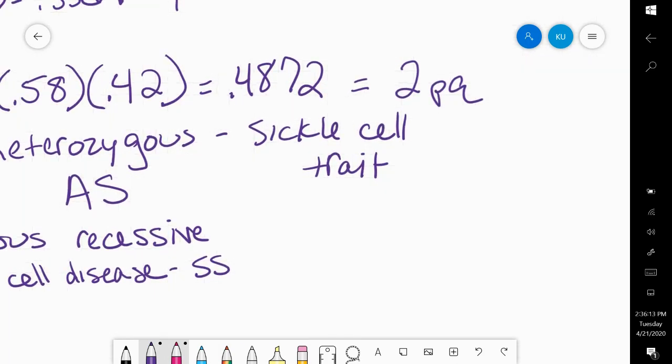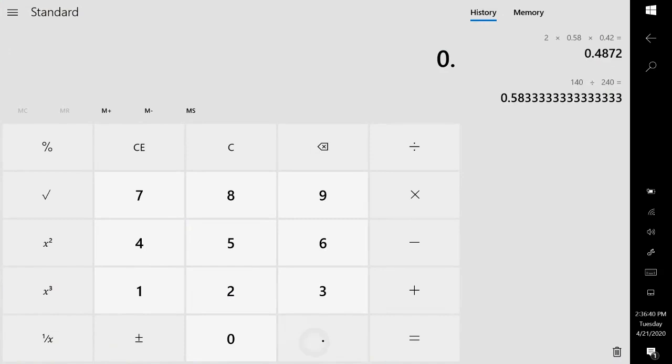And in order to calculate that, you take the number Q, which we've calculated at 0.42, and square it or multiply it by itself. 0.42 squared is 0.1764.